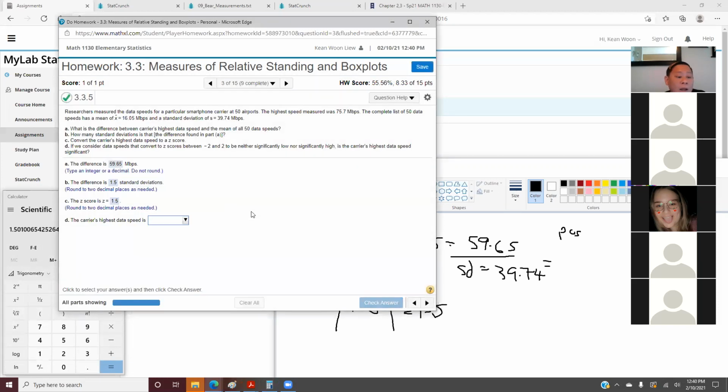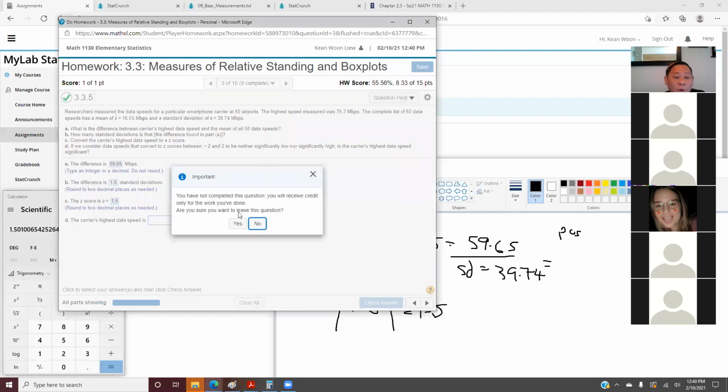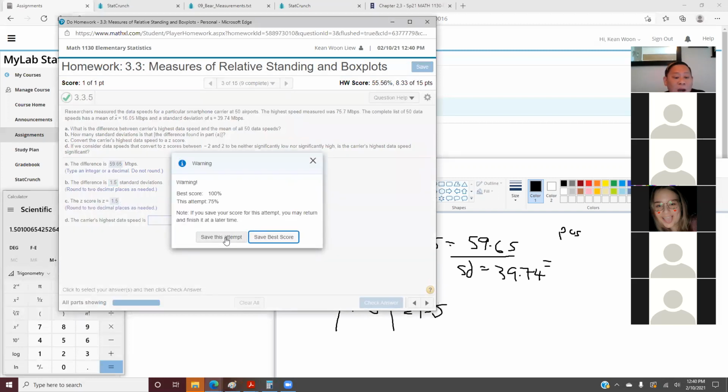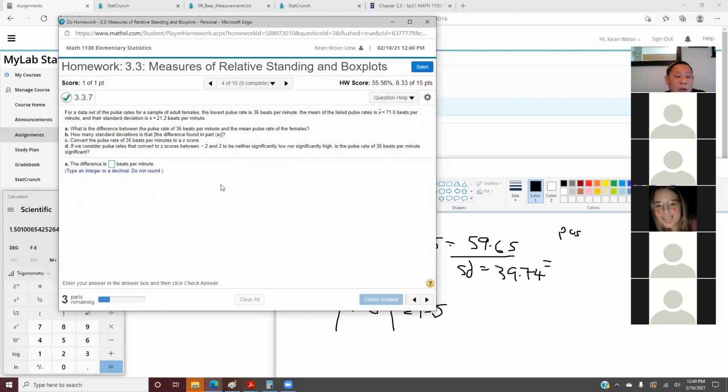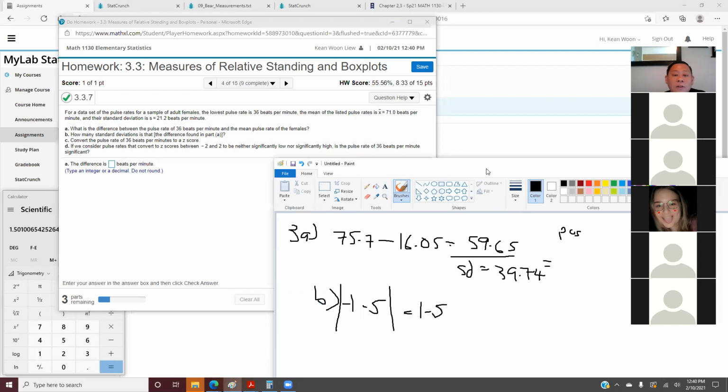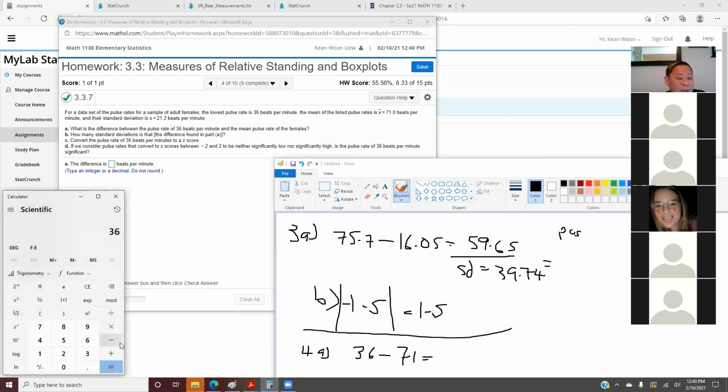Now, if I do question number 4, you do the same thing, the difference. The difference this time is between the low pulse rate 36 and its mean, which is 71. If you take 36 minus 71, you get negative 35.